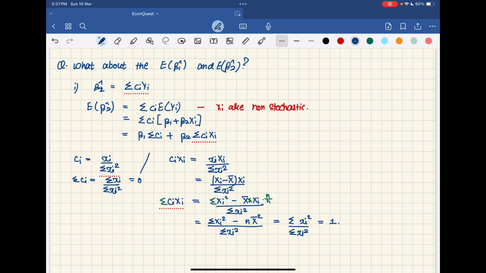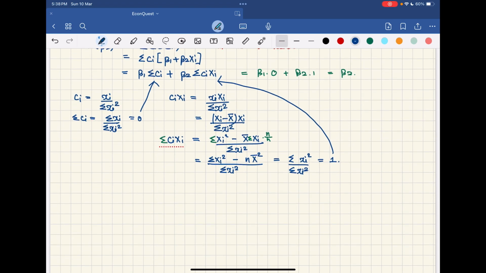Okay. It means this term is equals to beta 1 times 0 plus beta 2 times 1, equals to beta 2. Okay.